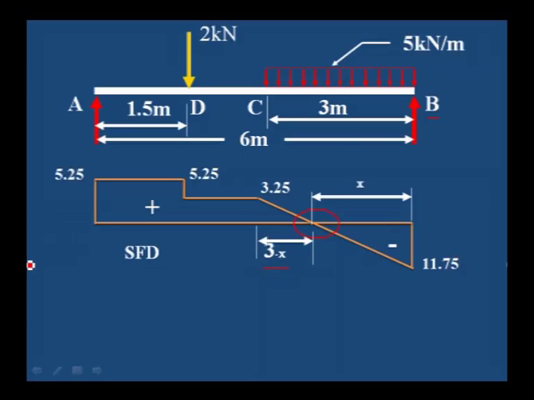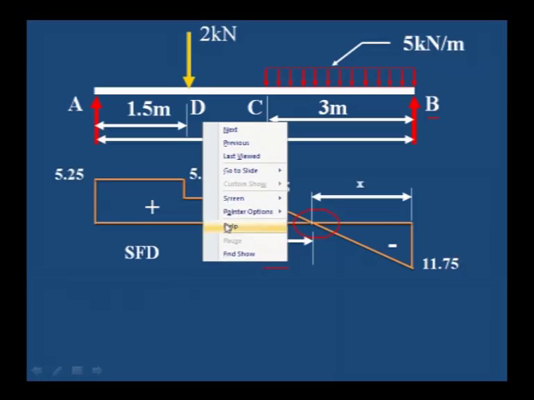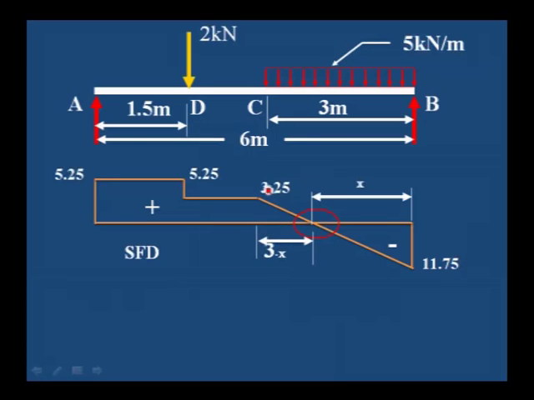To calculate the x value, we will consider two similar triangles. 3 minus x divided by the shear force value 3.25 must be equal to x divided by 11.75, the right side shear force value.